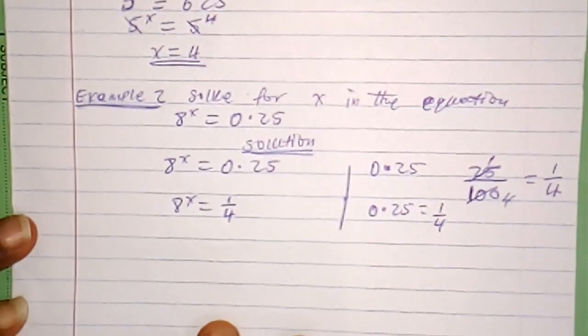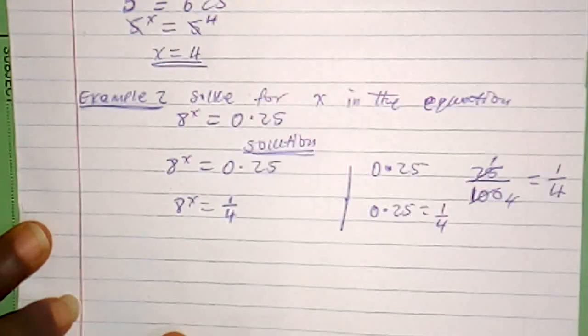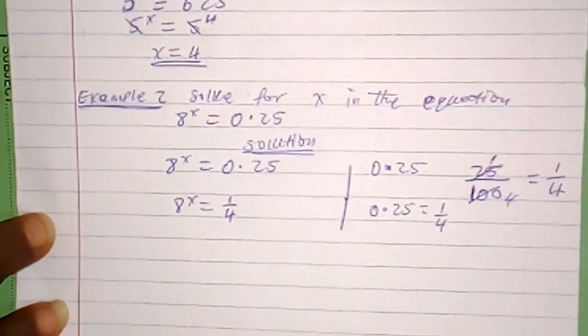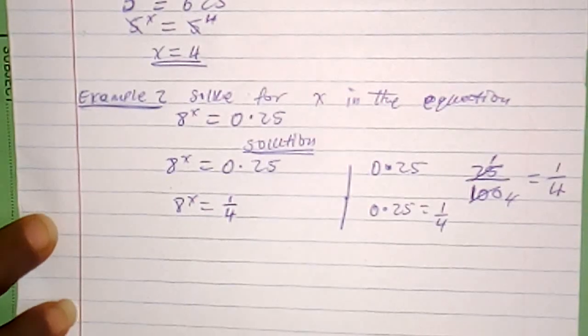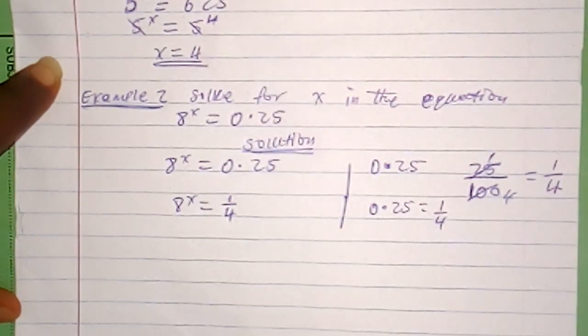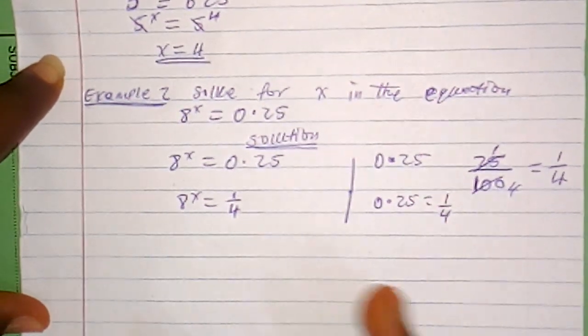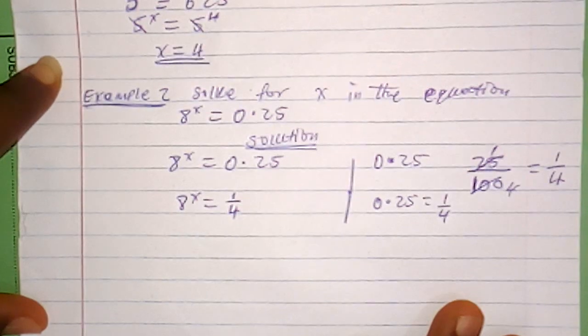Now we proceed. In an exponential equation, anytime you see a fraction, you must take a negative power. If you don't know how to take a negative power, go and watch my video on indices.